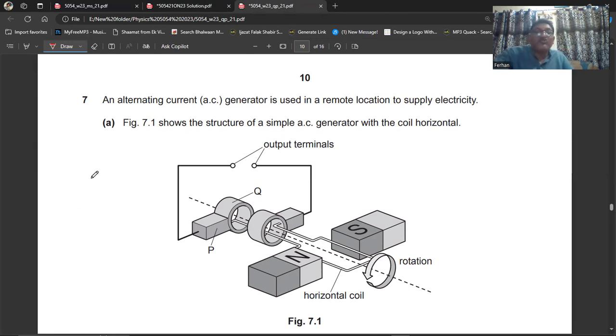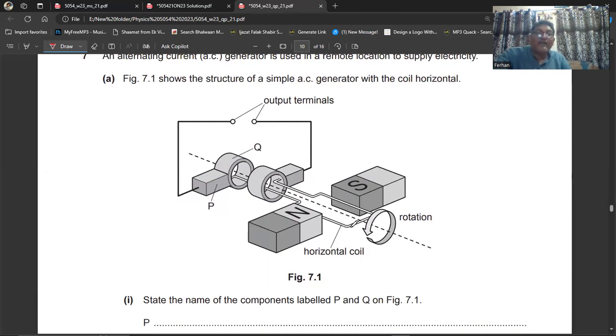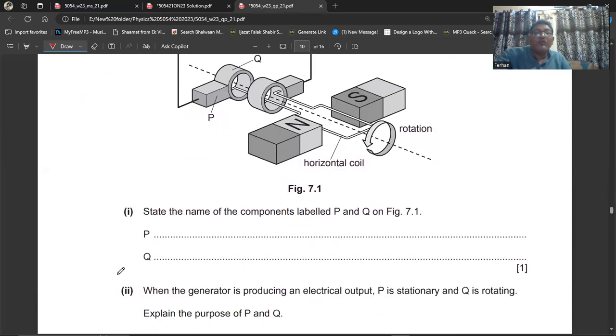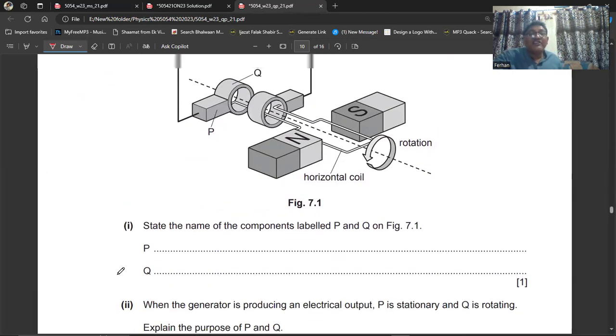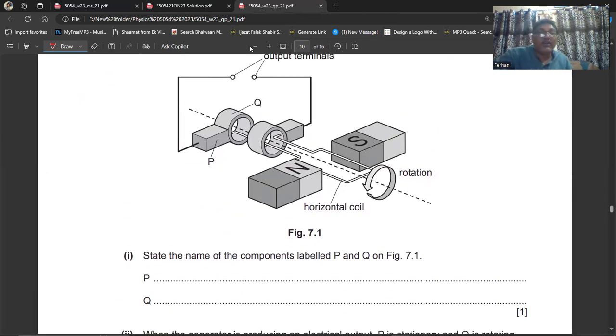Figure 7.1 shows the structure of a simple AC generator with the coil horizontal. So here you have an AC generator. State the name of the components labeled P and Q in figure 7.1.